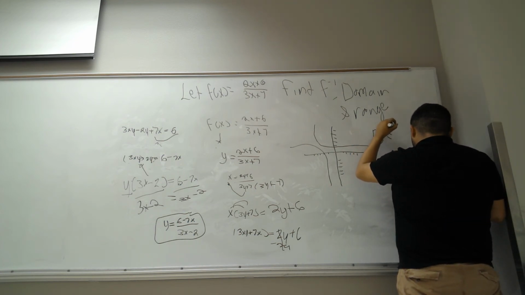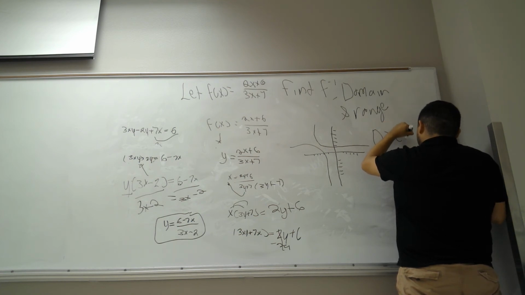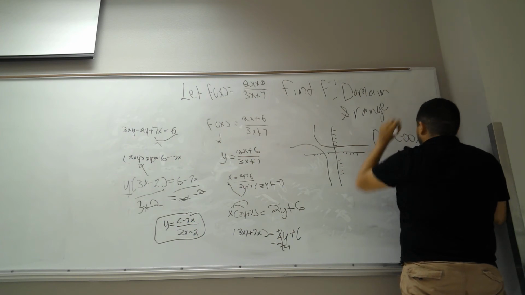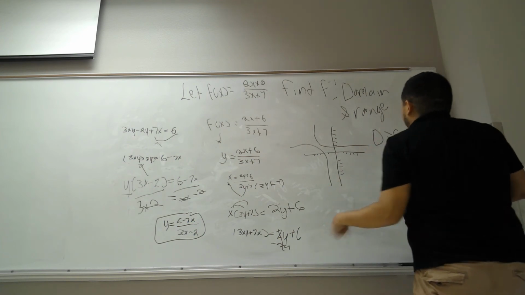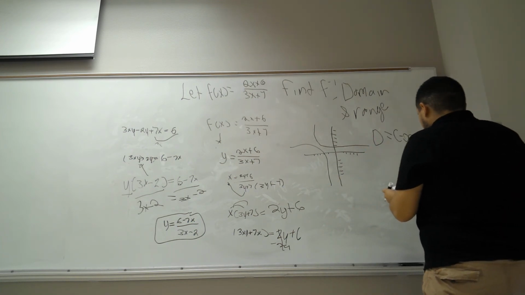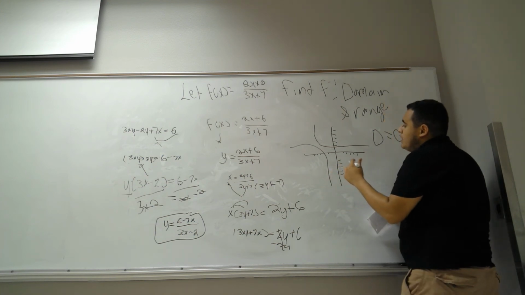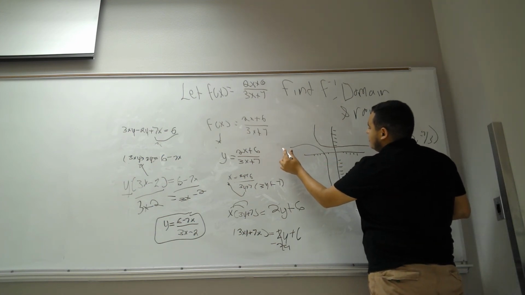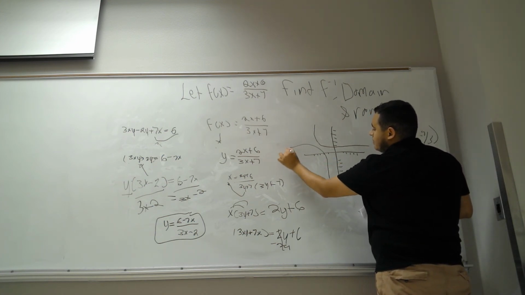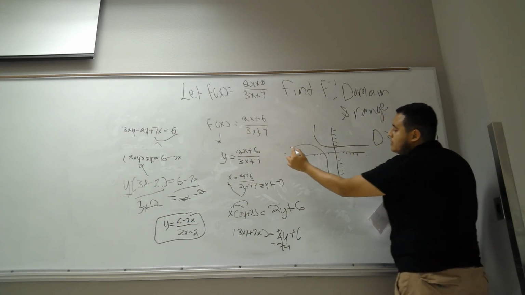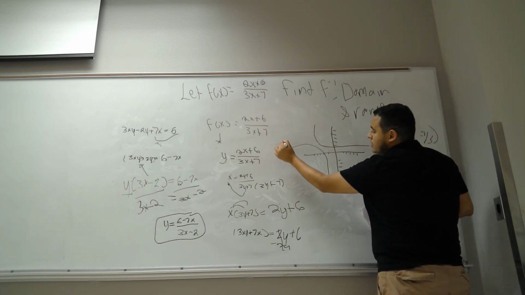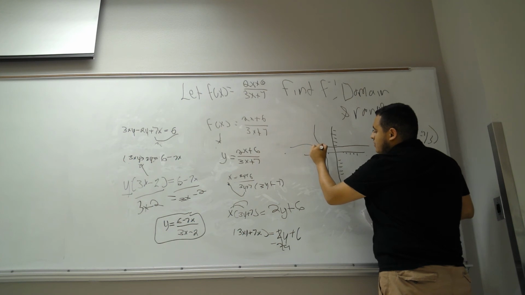The domain would be from negative infinity to negative 7 over 3. We get this because the domain goes from side to side, and it's coming from the negative, and it's going to make a stop right here.